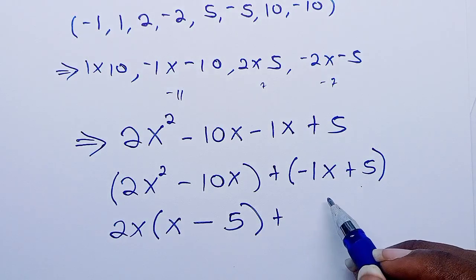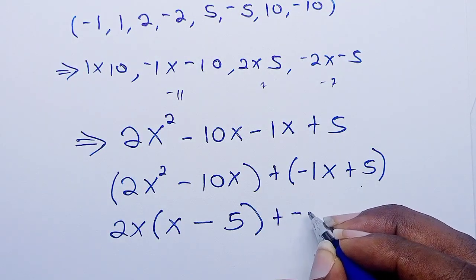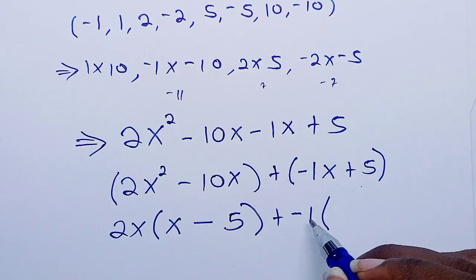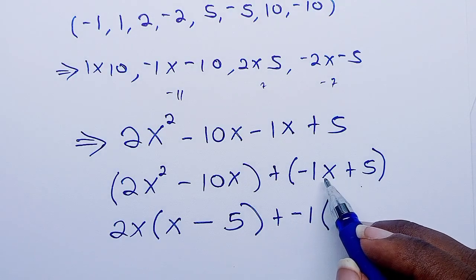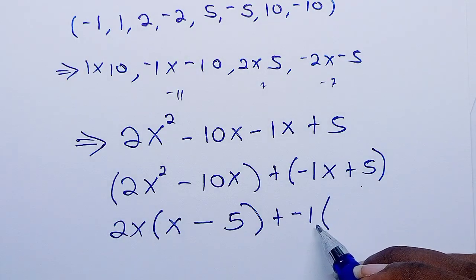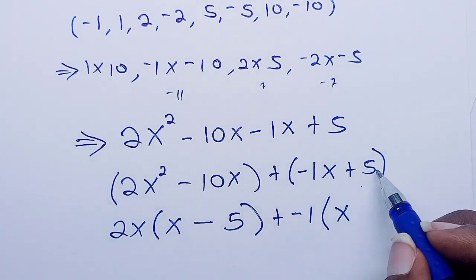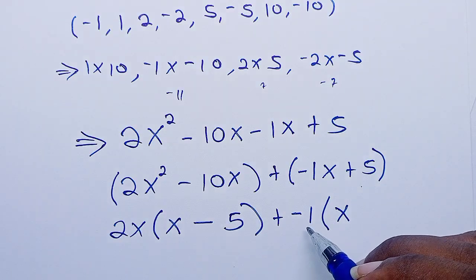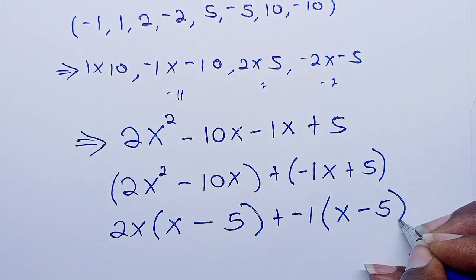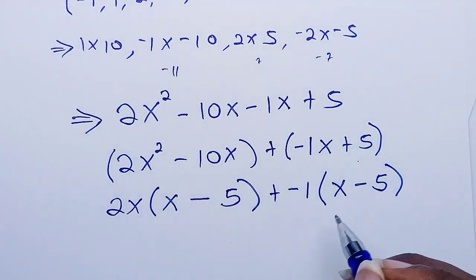The common factor that we can get is negative 1. Negative 1x divided by negative 1, we get x, then plus 5 divided by negative 1, we get negative 5. So this is what we have.